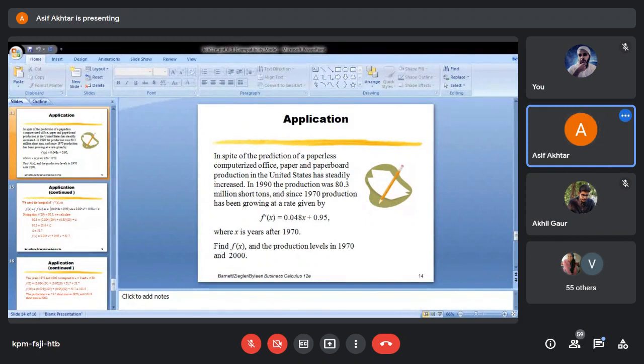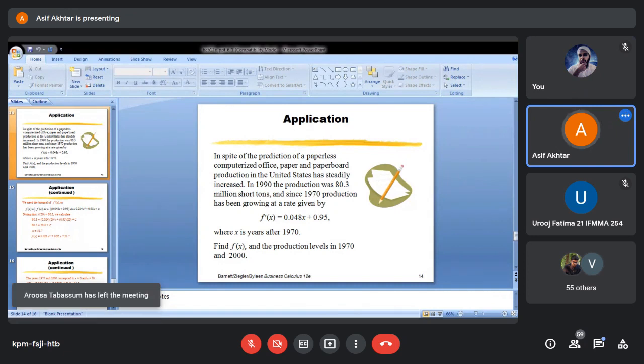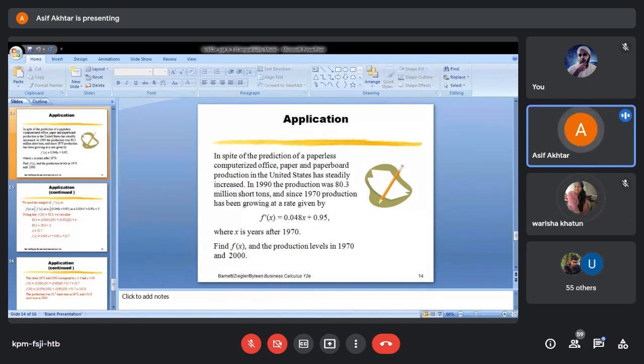Here actually it represents the change in production. F x is the production and f dash x is representing the change in production per year. And you know, in the language of function, in the language of business organization, change in a function represents what? Marginal. Rate or marginal.